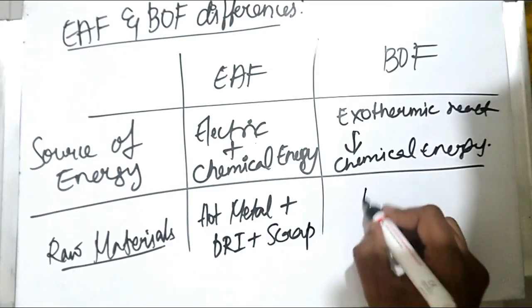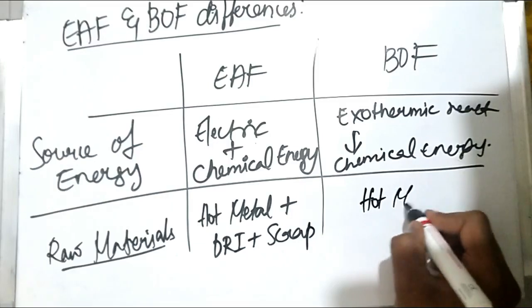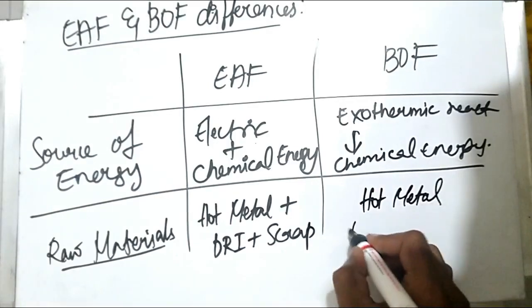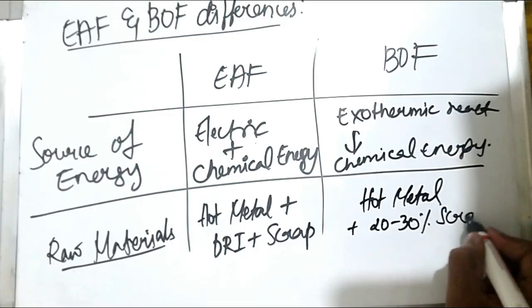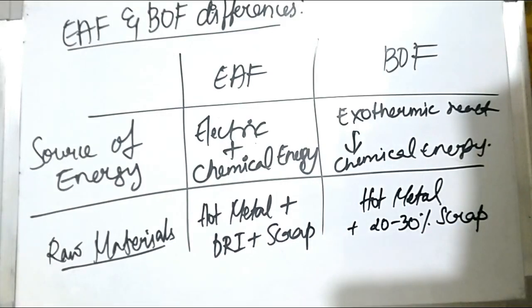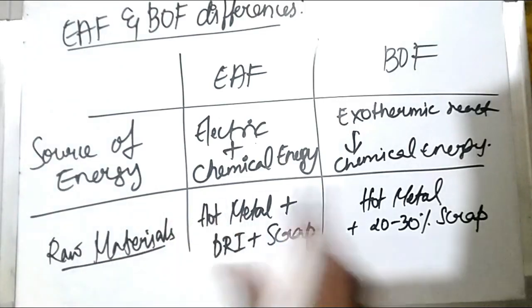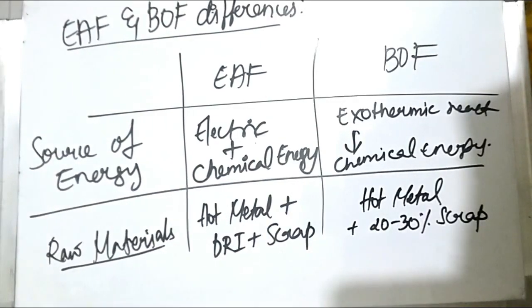Whereas here in BOF, the hot metal that is coming from the blast furnace plus some 20 to 30% of scrap is used. So this is the major difference in EAF and BOF, but the other operating procedure is usually the same. The oxygen supply will be there, the removal of all the materials will be there, and so on.